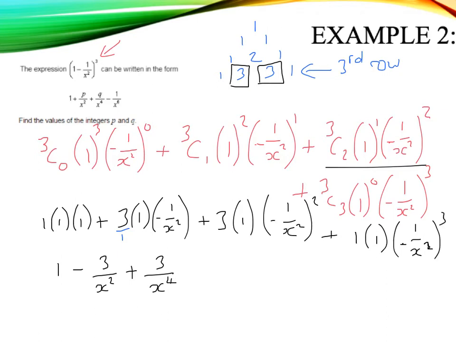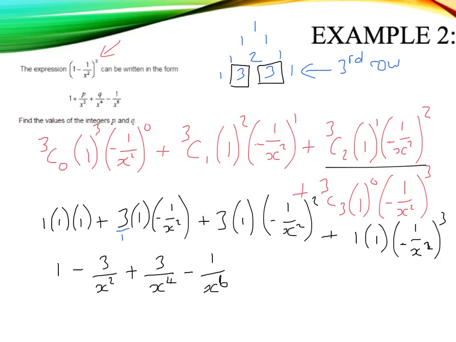Right, remember now, if I've got a negative something, whatever it is, and I'm cubing it, a negative times a negative is positive, multiplied by negative again will give me a negative value. So this is going to be minus. Also remember what happens here. 1 over x squared, all cubed, is 1 over x to the 6. So minus 1 over x to the 6.